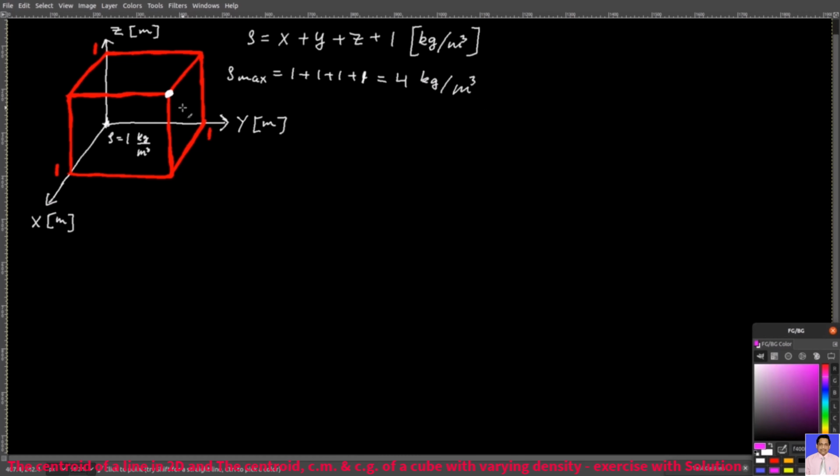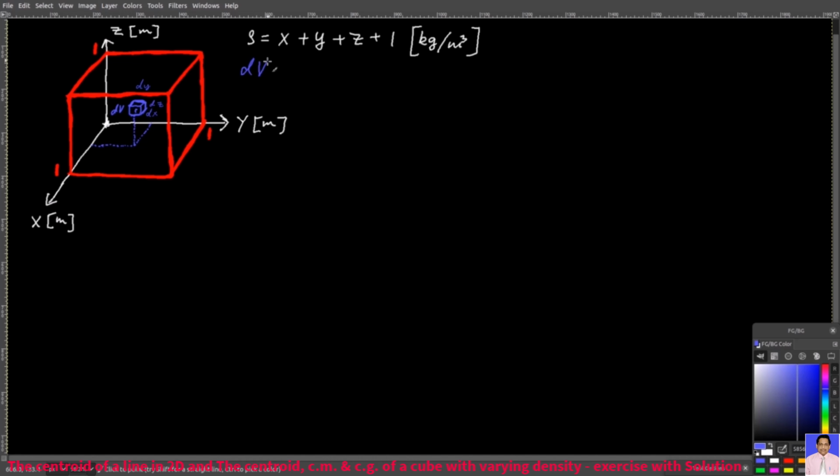Now, in the cube, we can define a differential volume. For example, you have one differential volume here. We can call it dV, and it has three sides: dx, dy, which is this side parallel to the y-axis, and then dz, which is parallel to the z-axis. And of course, dx is parallel to the x-axis.